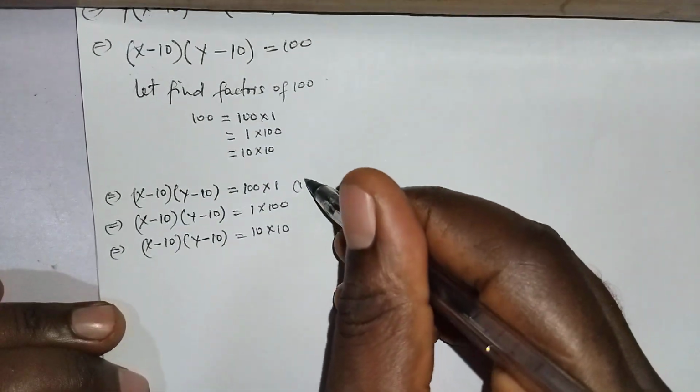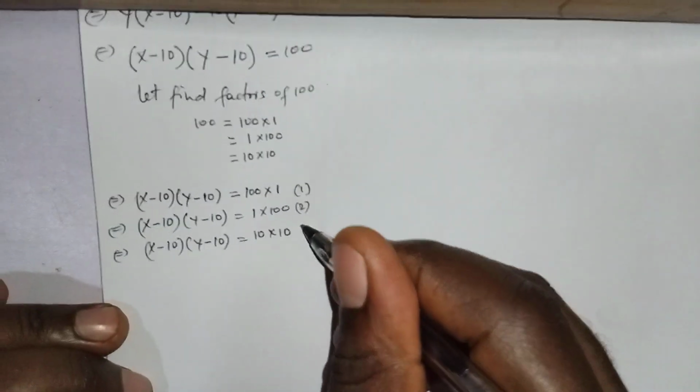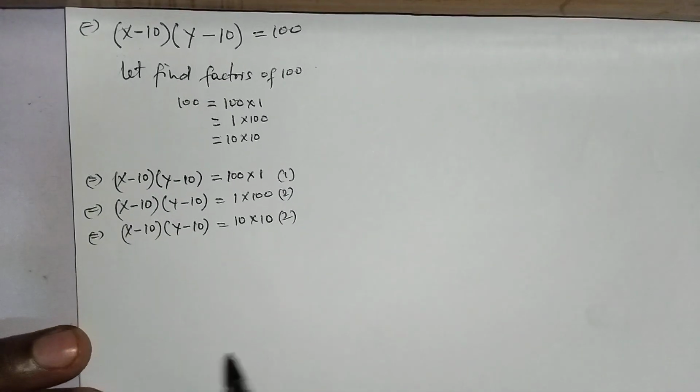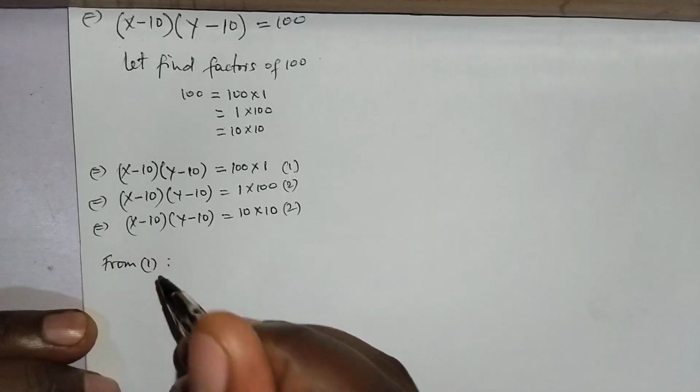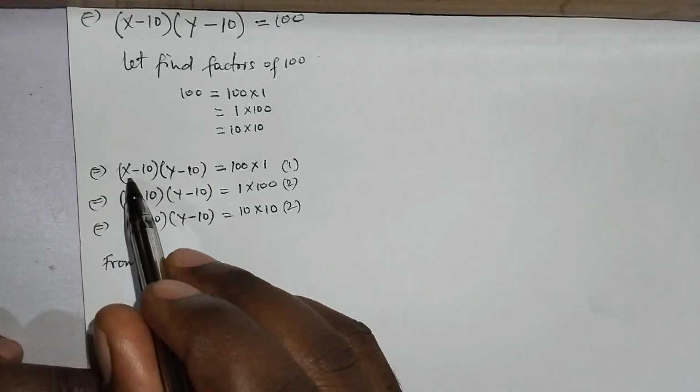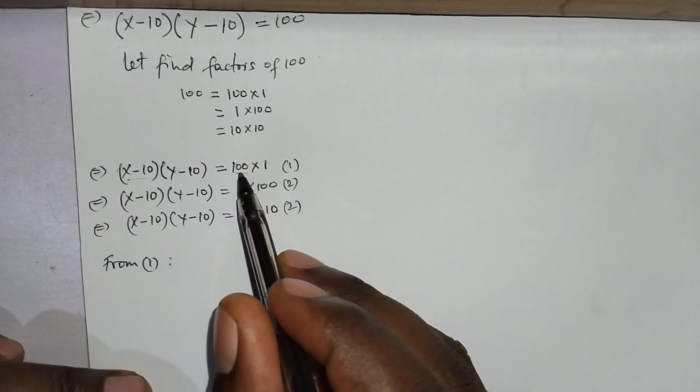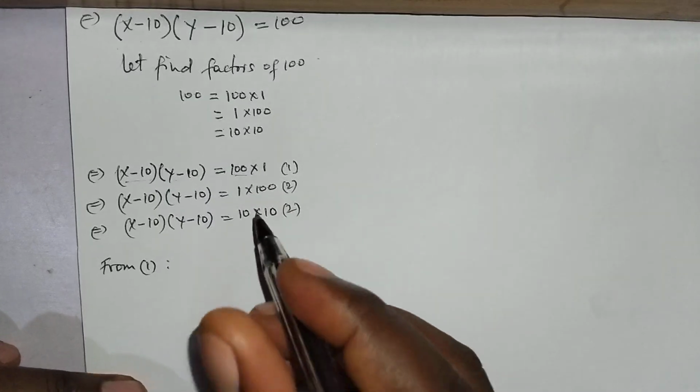Let's say this is equation 1, this is equation 2, this is equation 3. And then from equation 1 we have this is equal to 100 and this is equal to 1.